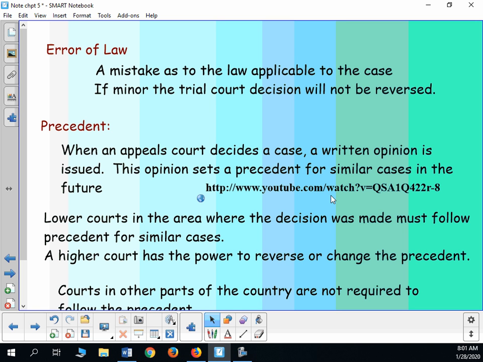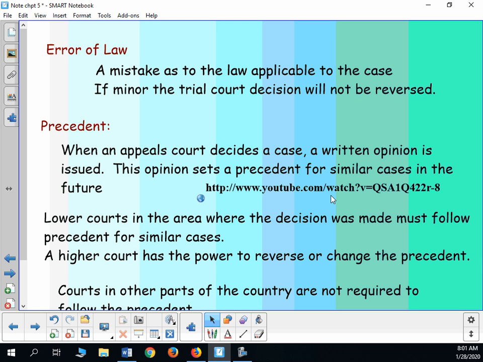What we're talking about is if the error did not make any significant difference into whether this person would have been found guilty or not, then most likely the appeals court will not overturn or reverse the decision. The decision will stand.